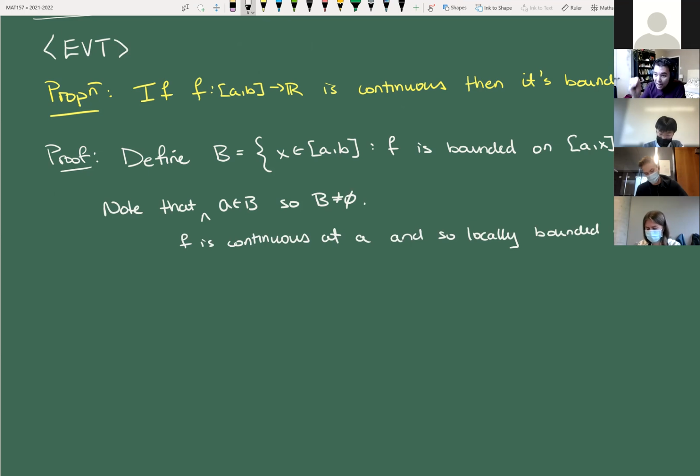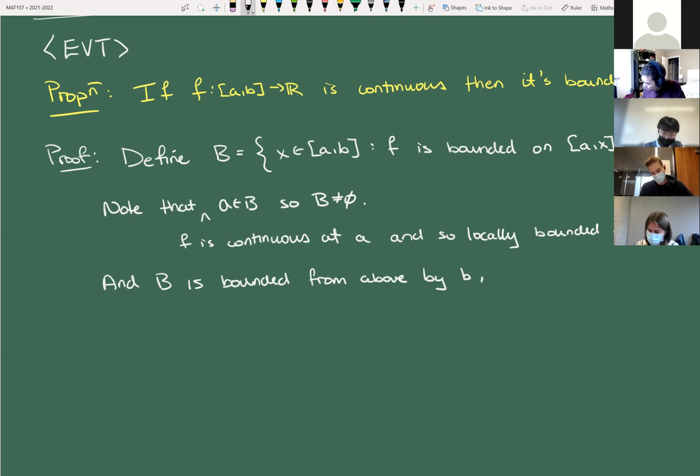Because if I'm locally bounded at that single point, at the point A, that's enough, right? Because that means I'm bounded on the interval A to A. So A is in B. And big B is bounded from above by little b. By the completeness axiom, its supremum exists. Let's call it S.